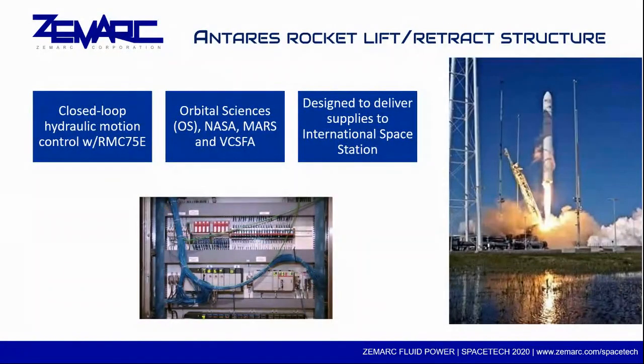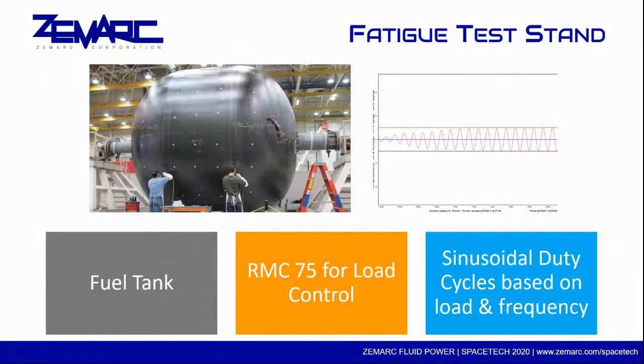The Delta RMC 75E was also used to provide closed-loop control and sensor monitoring for the Antares rocket lift and retract structure. ZMark recently worked on a fatigue test stand for a fuel tank. The Delta RMC 75 was used for load control following sinusoidal duty cycles based on load and frequency.